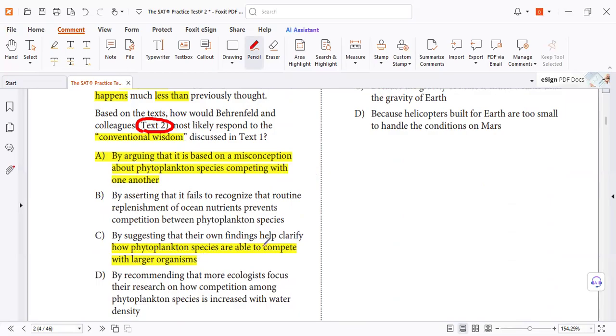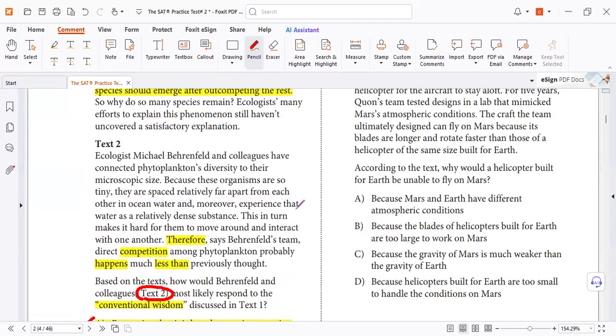We don't have any information to clarify how they are able to compete. They compete, but how, we didn't mention. So A is out of content. So it's letter A. Be careful about terms like misconception, flaw, misunderstanding. Let's try again.